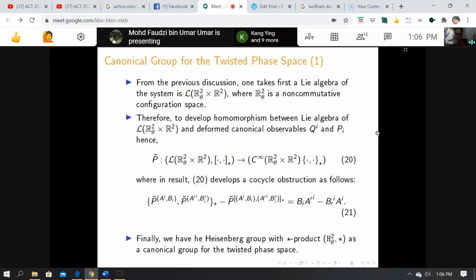In your equation 21 it is purely a Heisenberg group. But you also had that central element that appears in the Poisson bracket of your position, right?